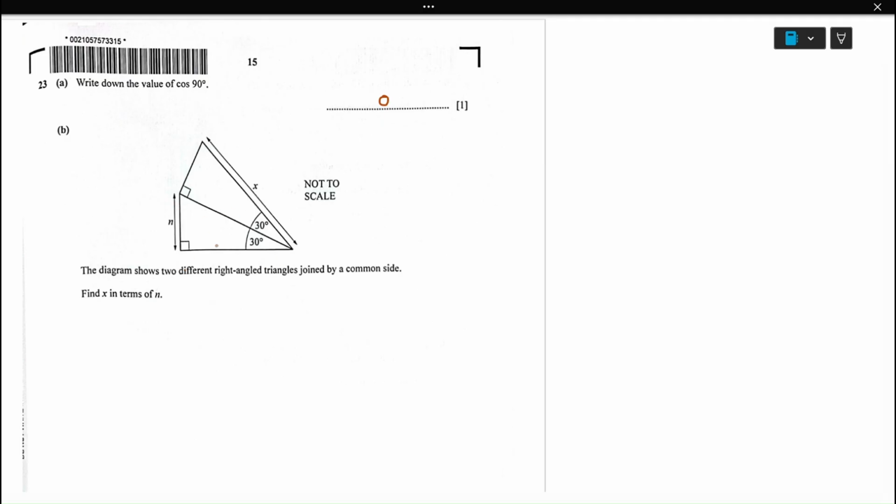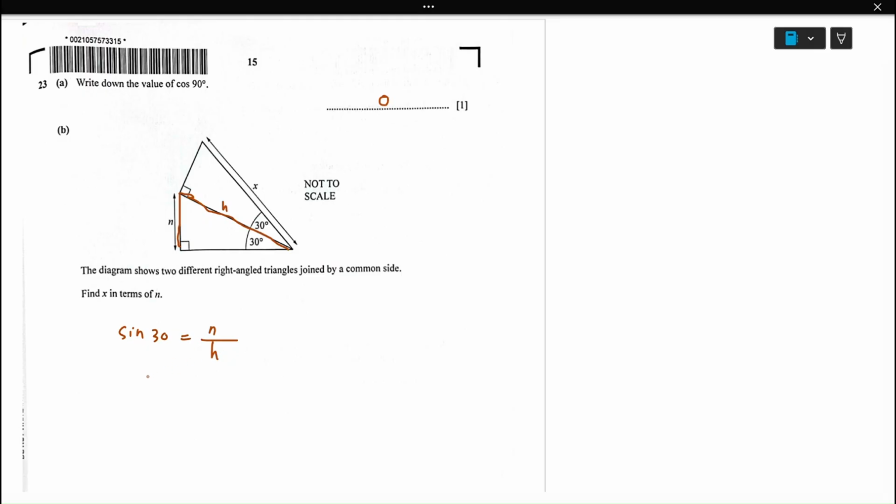First, in the bottom triangle we will find this length. This is the hypotenuse here. So hypotenuse and opposite are involved for this 30. Opposite and hypotenuse, so sine. So sine 30 equal to opposite, which is n, by, this one I'll take as h. So n over h.